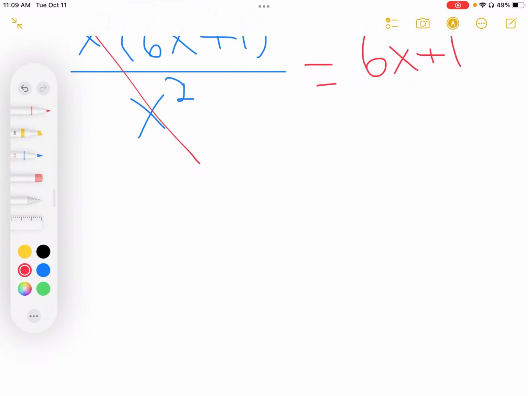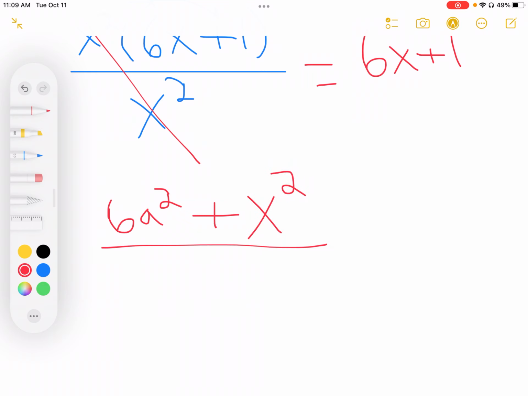Now, if I had a slightly different example here, let's say I have 6a squared plus x squared, all over x squared. Well, in this case, let's do the same process. Is there anything that's common to 6a squared and x squared?